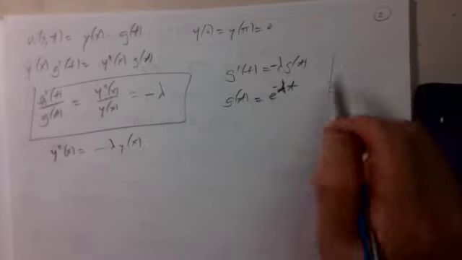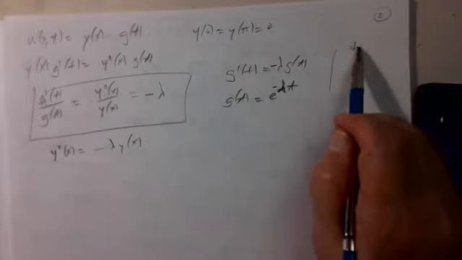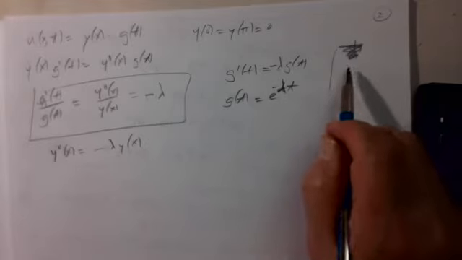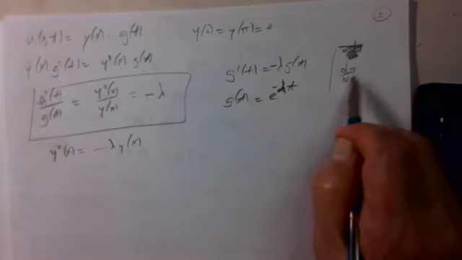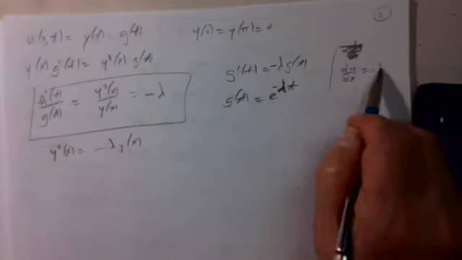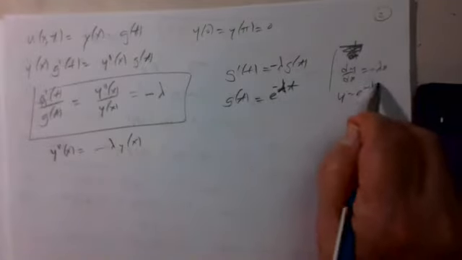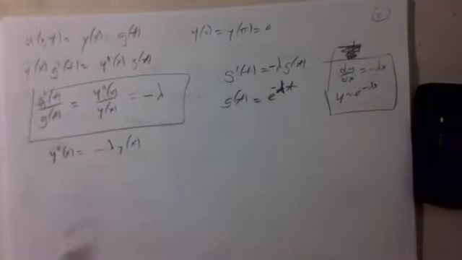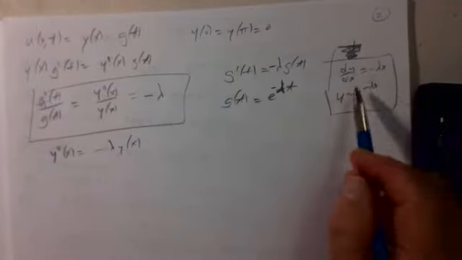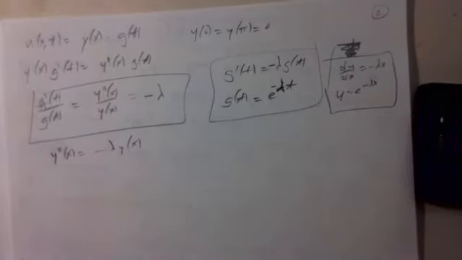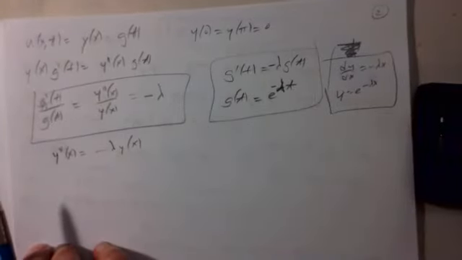In Calc 1, you learned if dy dx is some constant times y, then y is e to the minus lambda x. That's all. This is just from calculus. You don't need any ordinary differential equations to know that.